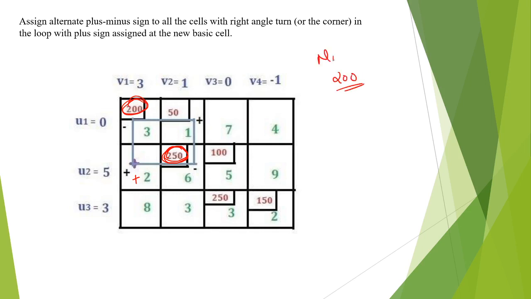Now we will subtract 200 on the cells having negative sign. So here we will subtract 200, and here we will subtract 200, and here we will add 200. For the plus sign, we will add 200. So here also we will add 200.